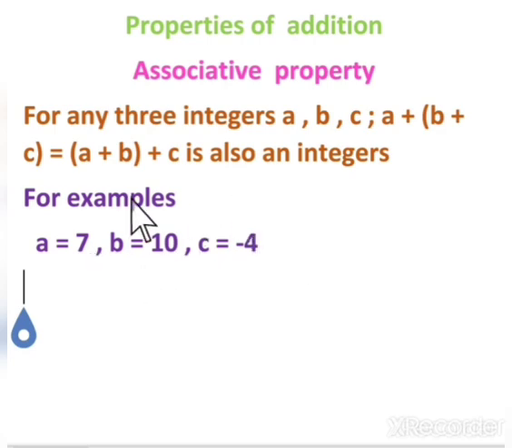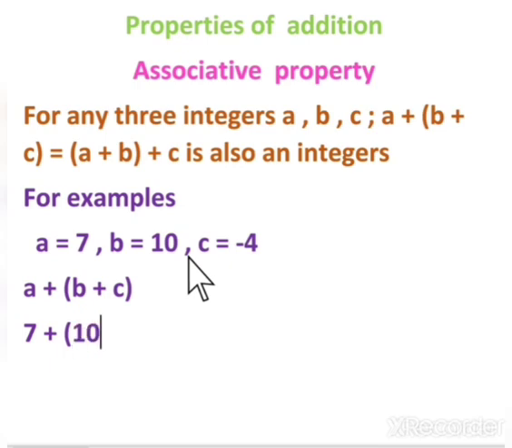First we are going to solve one side. First, which side are we going to do? We are going to do the right hand side. a is 7, so 7 and then plus and then bracket, and the value for b is 10.